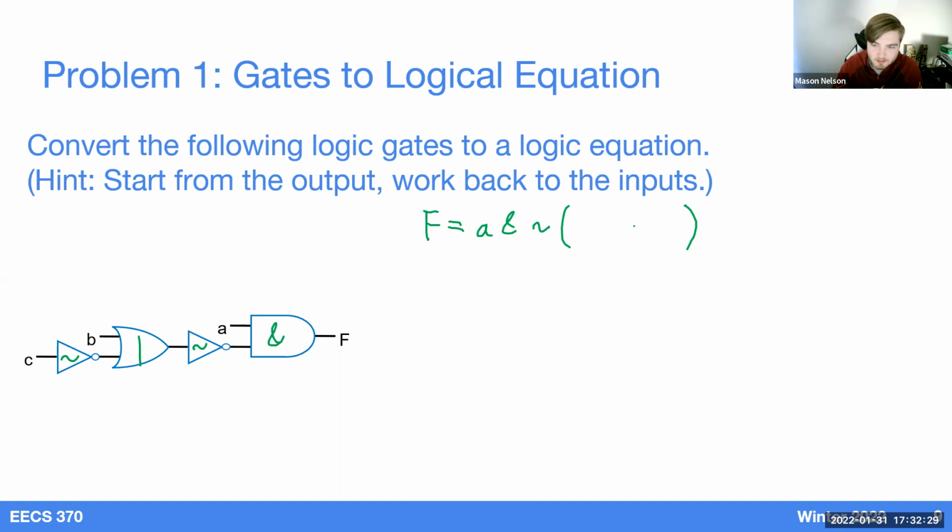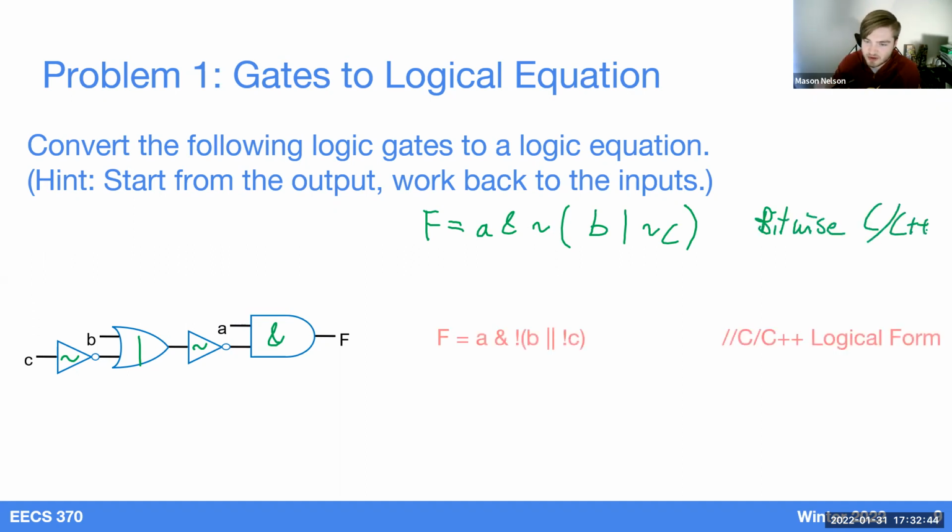Then we have an OR gate. B is the first input to the OR, and then NOT C is the second input to the OR. So this is how we might write it in bitwise C or C++ form. We also here have the logical C or C++ form, and this should be a double AND actually to do the Boolean operations.